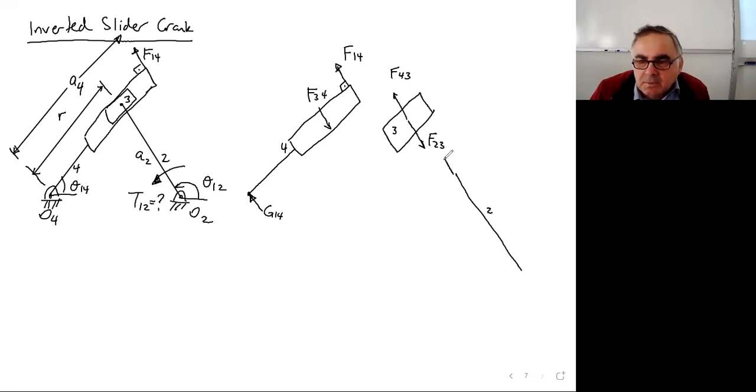So F32 has to be like this. T12 is the torque, and well, I made a mistake there.